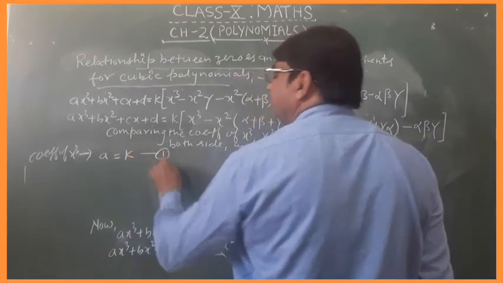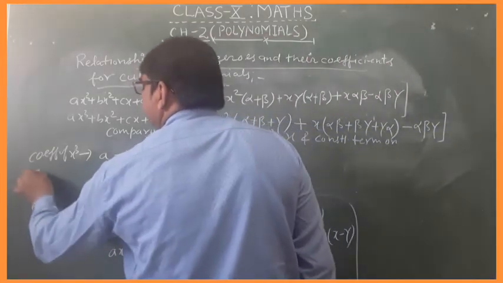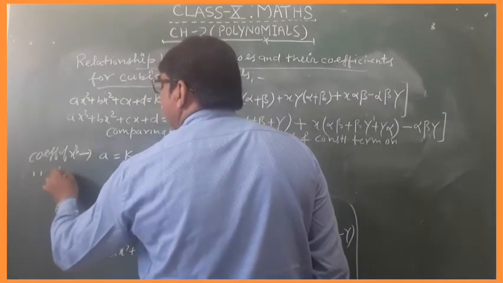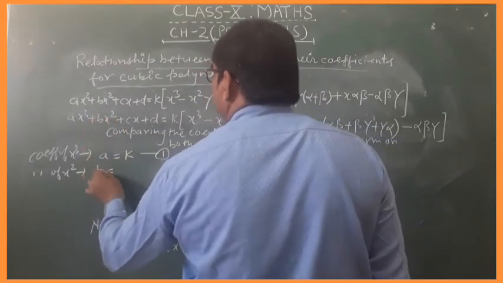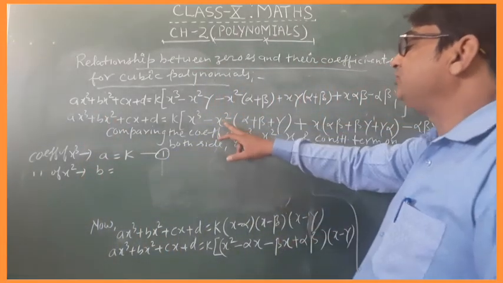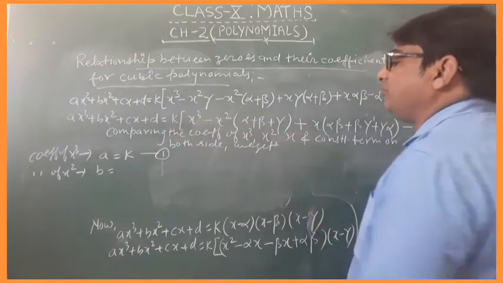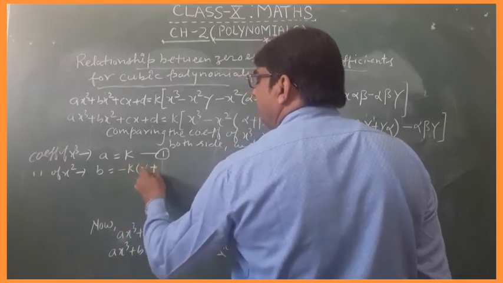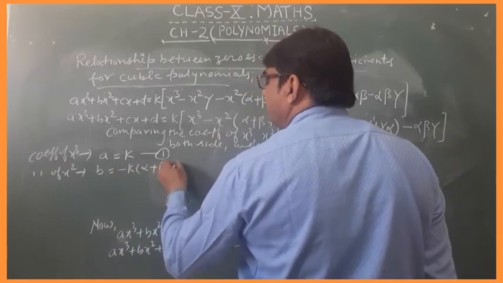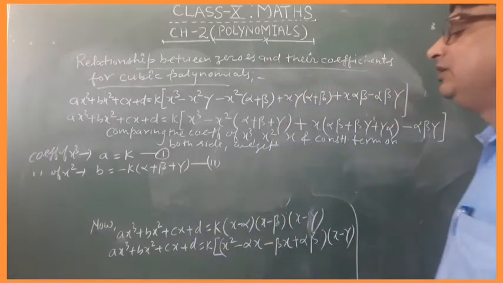This is equation number first: k is equal to a. And coefficient of x² is b here, and on the right it is −k(α + β + γ). This is equation number second.